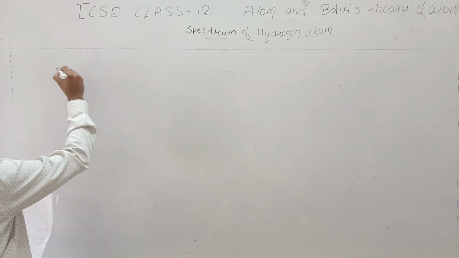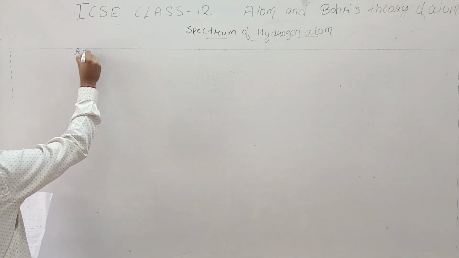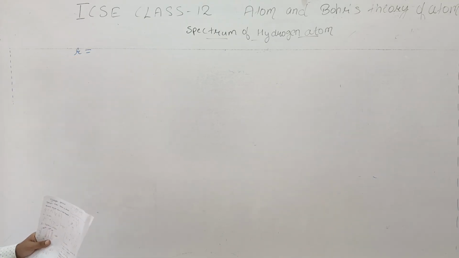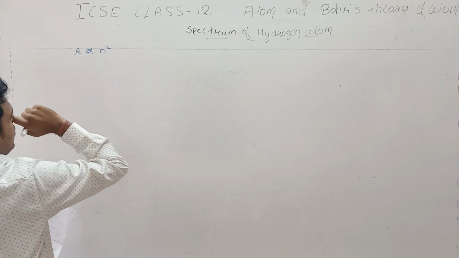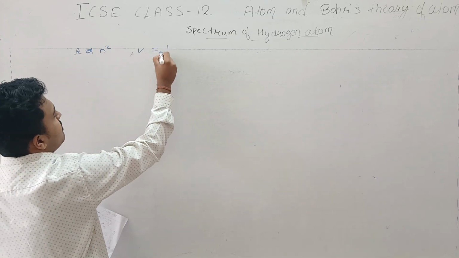Till now we have studied that the radius of the stationary orbit, the radius of the orbit which is allowed, is proportional to n squared, and velocity is proportional to 1 by n.